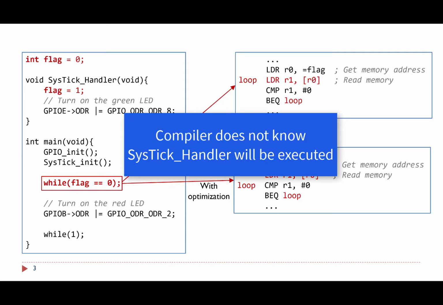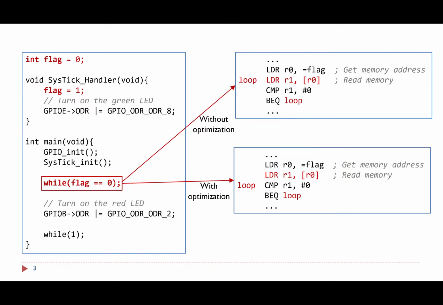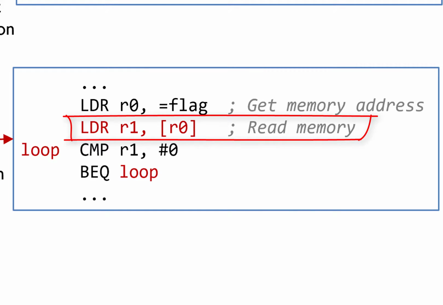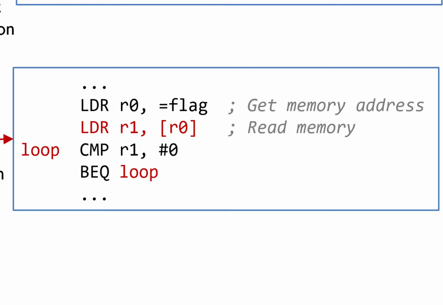Pay attention, the compiler has no knowledge that the SysTick interrupt handler will be executed. The compiler treats interrupt handlers as normal functions that are never called. Therefore, the assembly code assumes that the flag value does not change. It only reads the flag value once from the memory and stores it in the register R1, and then repeatedly uses the value of register R1 without reading the memory again.